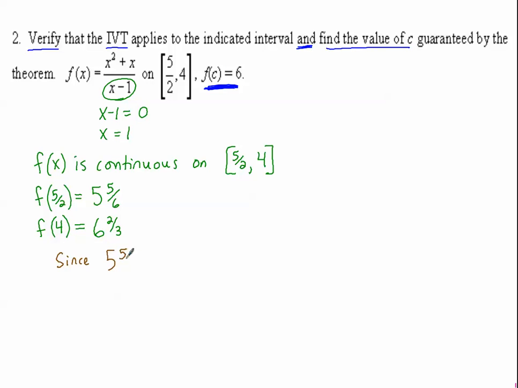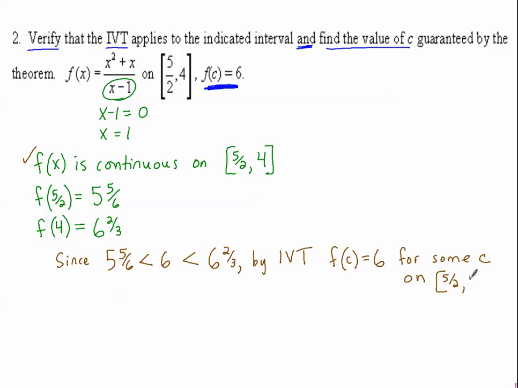Since 5 and 5/6 is less than 6, which is less than 6 and 2/3, in other words, 6, the y value we are looking to prove exists, is between those two y values that we found, by intermediate value theorem. Now, we already stated that the function is continuous, so we don't have to do that again. This is done. So by intermediate value theorem, f of c must equal 6 for some c on the interval 5/2 to 4. So we've proven that f of x will equal 6 at some x value on the interval.